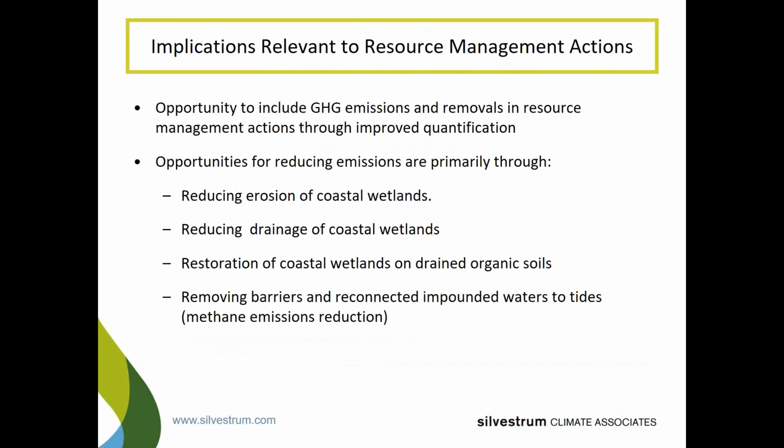There are particular opportunities to reduce emissions, primarily through reducing erosion of coastal wetlands, particularly in the Mississippi Delta, where erosion is ongoing, in large part due to historic sediment management activities upstream. There is the opportunity to reduce drainage of coastal wetlands. There's also the opportunity for restoration to happen on drained organic soils, which has the stop loss effect, as well as removing barriers and reconnecting impounded waters to tidal flow to reduce methane emissions.